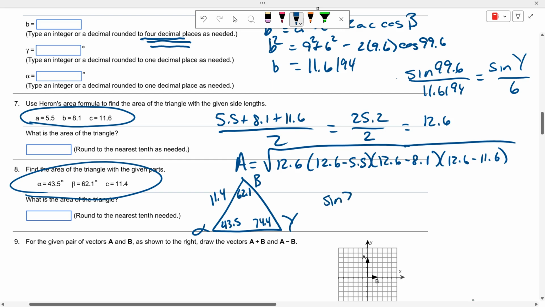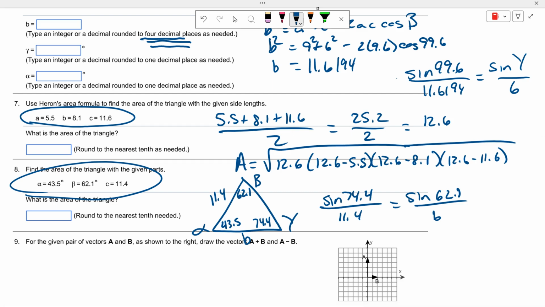So the sine of 74.4 over 11.4 equals the sine of 62.1 over its opposite side, B. So then we figure it out. And then once you find B, what is B? What did you get, Cole?